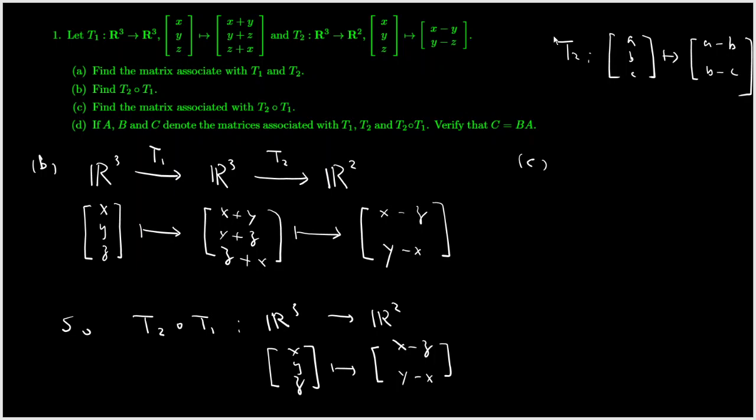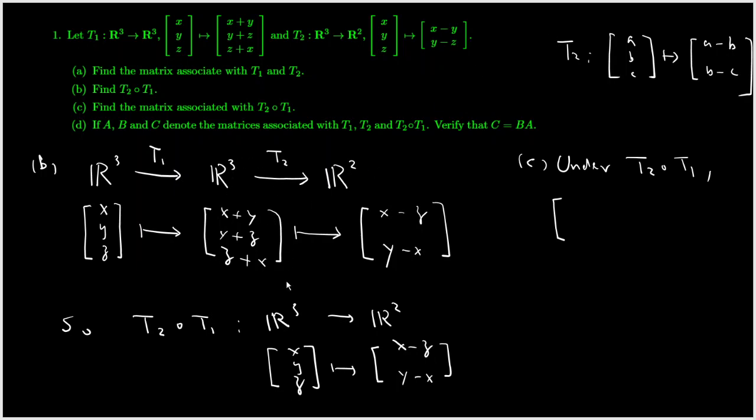In question C, we are trying to get the matrix associated with the composite of T1 and T2. So this time, I'm going to write under the composite of two maps, T2 circle T1. So be careful how we write it, in reverse order. Under the composite of T1 and T2, we need the output for the standard basis vectors.